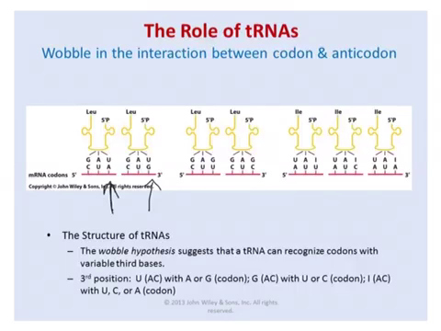This allows some flexibility such that the same tRNA molecule can be used to deliver an amino acid for multiple codons, because we know that a lot of times more than one codon specifies a certain amino acid, and so that same tRNA molecule would potentially be used to deliver an amino acid even though that 3rd position doesn't complementary pair.